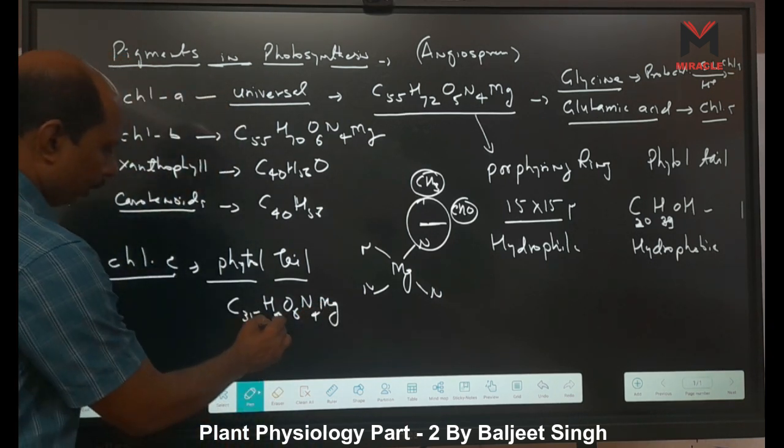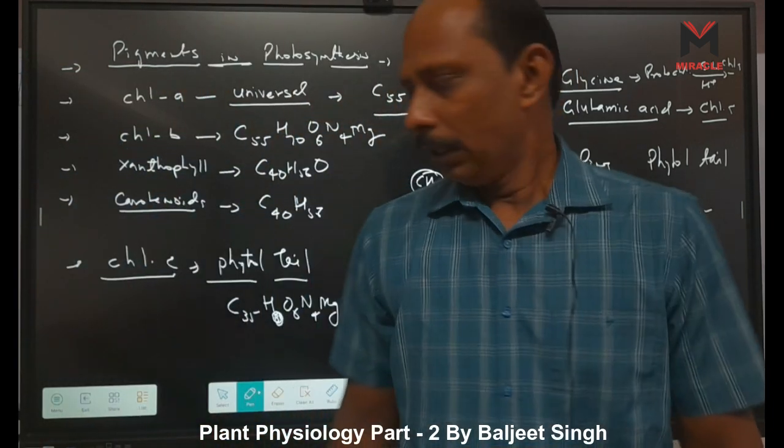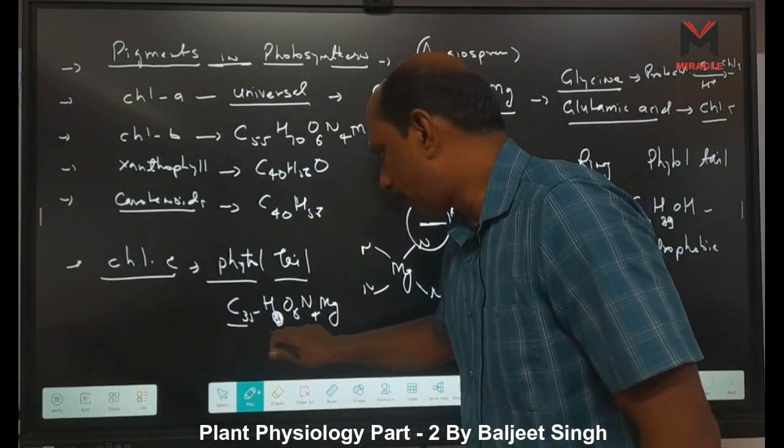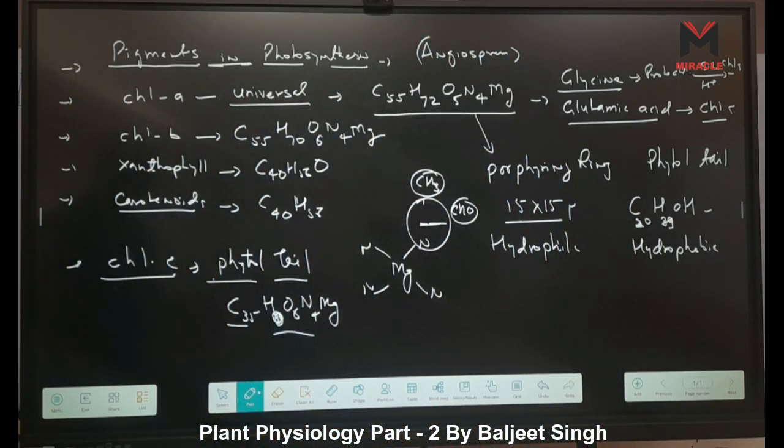There is some confusion here, you can understand. So this structure is very small. Only the porphyrin ring is present, but the phytol tail is absent in case of chlorophyll C.